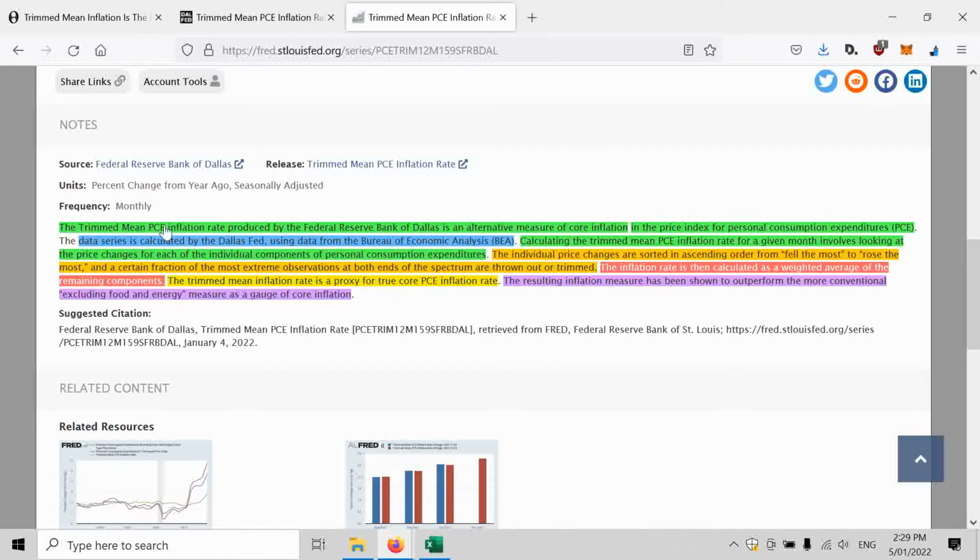The trimmed mean PCE inflation rate produced by the Federal Reserve Bank of Dallas is an alternative measure of core inflation in the price index for personal consumption expenditures. Now, some of you may be familiar, the CPI is another way of calculating consumer inflation.